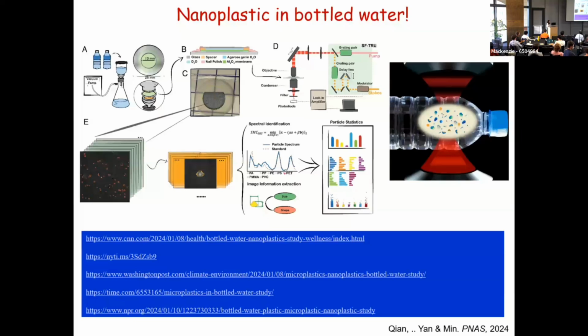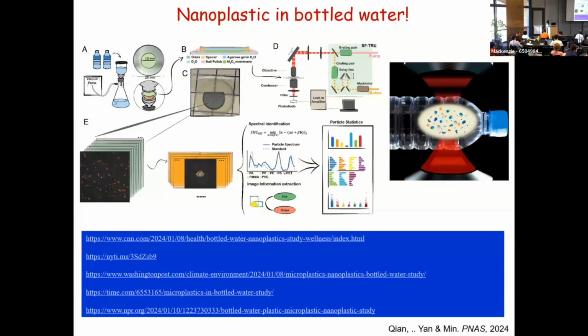I'll just highlight the sensitivity-wise, I guess I probably already convinced everybody. I'll just highlight the social impact here. This detection from bottled water has been covered by 700 media worldwide. People are really shocked about how many plastic particles we found in bottled water, which is about 250,000 per liter, and really shocked about the heterogeneity inside those samples.